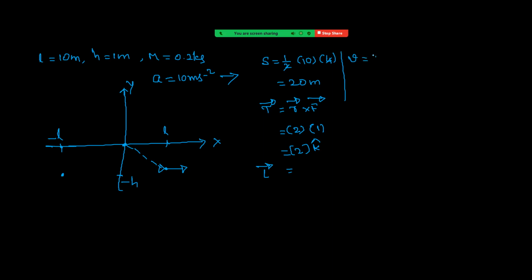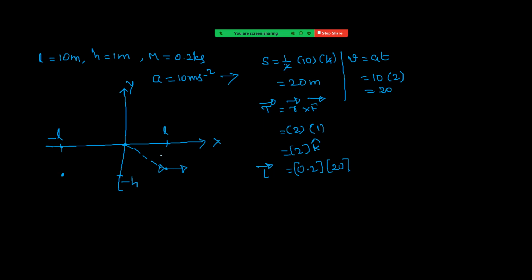So V equal to A into T. A value is 10, and T is 2 seconds, so V value is 20. So M into V into R.